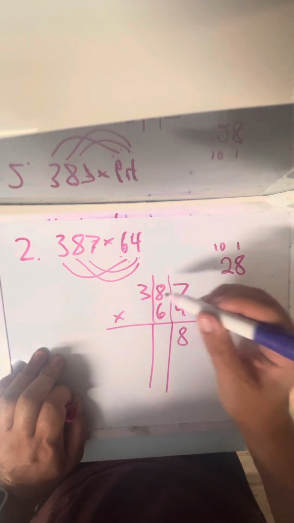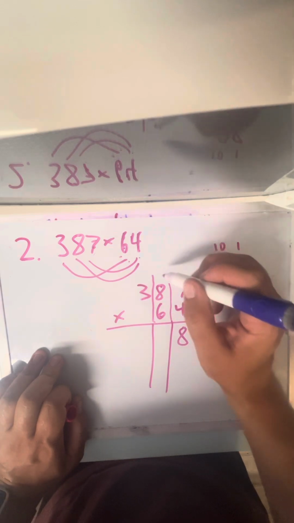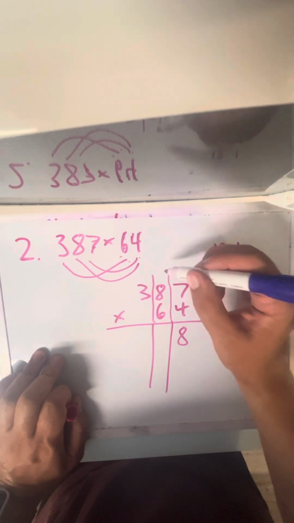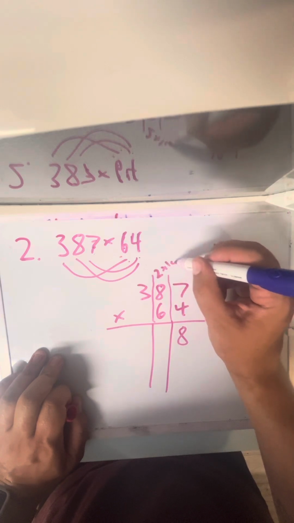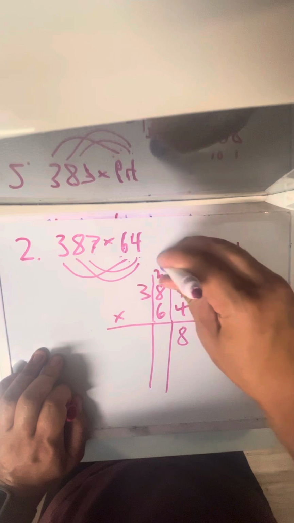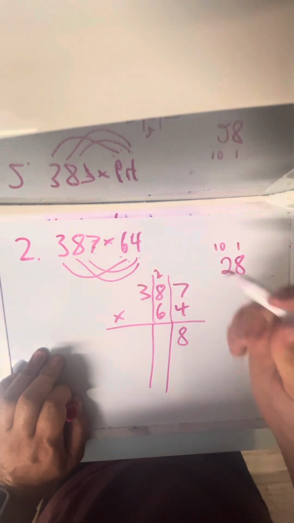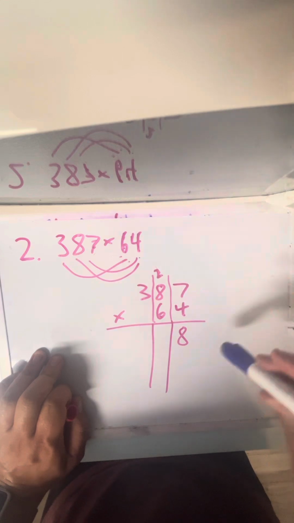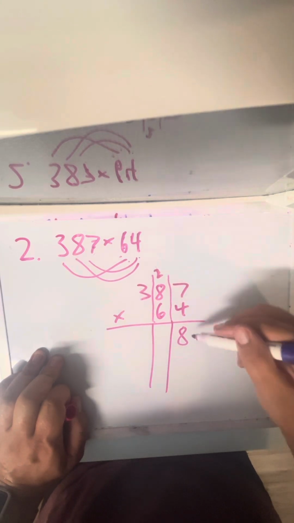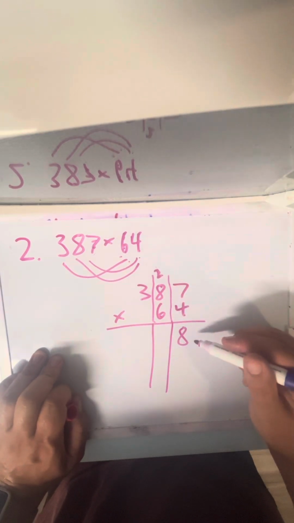So we have 28, we're going to add 2 tens to the next column. It technically is 2 times 10 there, but since I don't want to write all that out, I'm just going to put a 2. So we have our 2 tens from 28 in the tens column and our 8 in the ones.